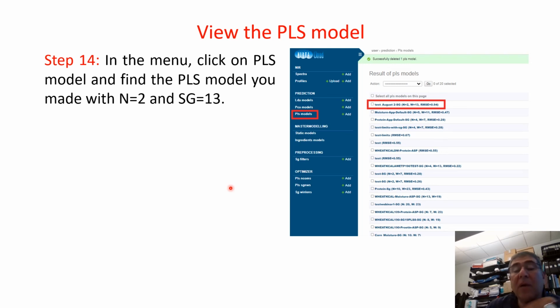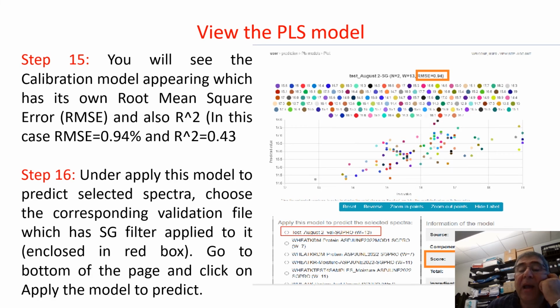So now you can go ahead and view the PLS model. So if you go to the PLS model, which is boxed in red here, you'll see it here, the first entry, and you can go ahead and click on it. It has n equal to 2 and SG equal to 13. And once you click on it, you see it appears here. All the data points are here. This is for the model itself.